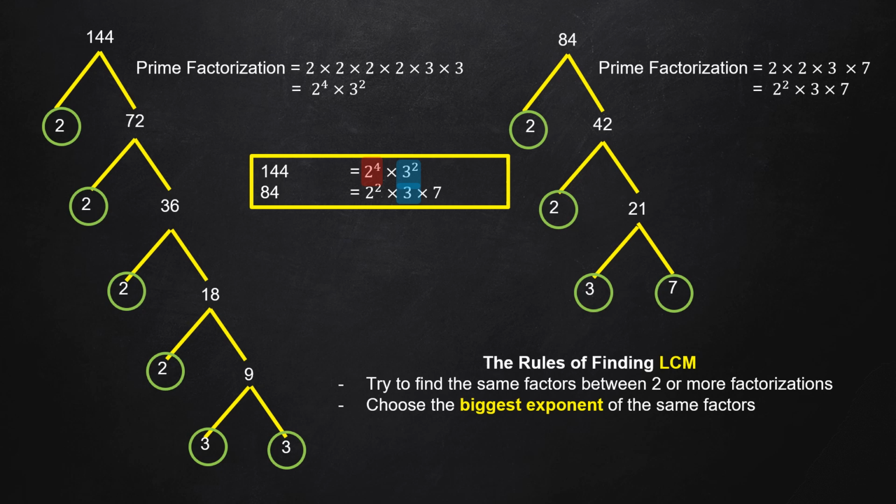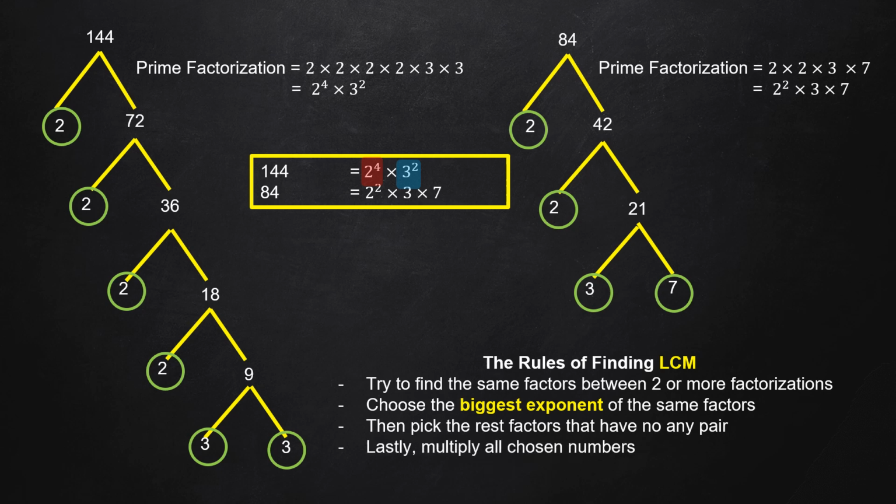And between 3 squared and 3, the biggest exponent is 3 squared. Okay, easy. Let's move on. The next step, then pick the rest of the factors that have no pair, because we just left the 7. So now we choose this number also because it has no pair. So it becomes like this.